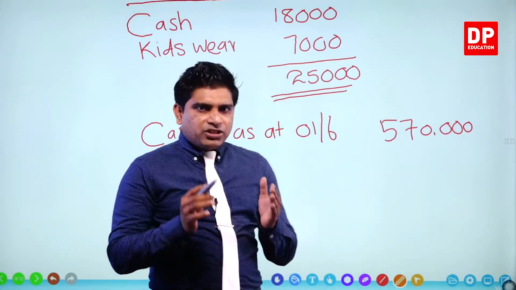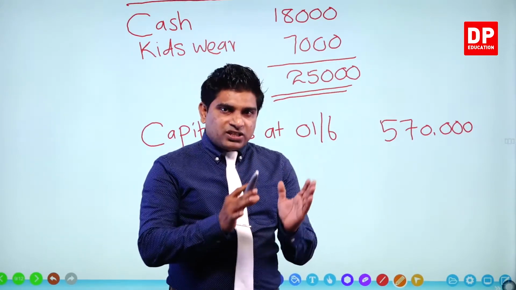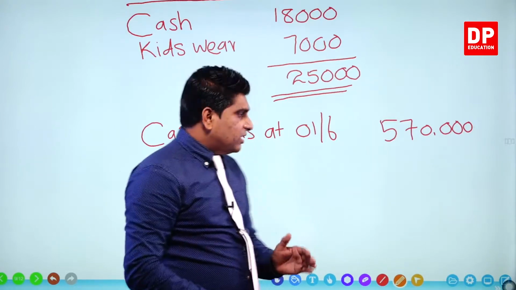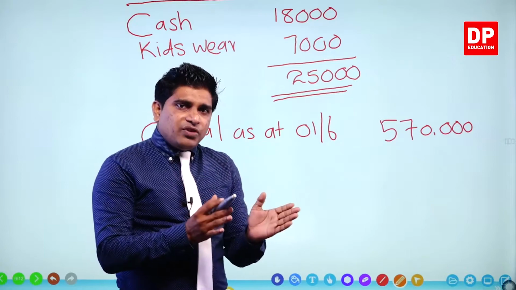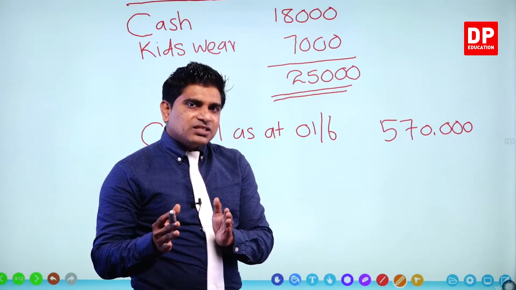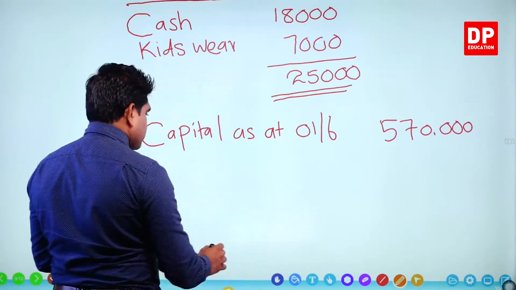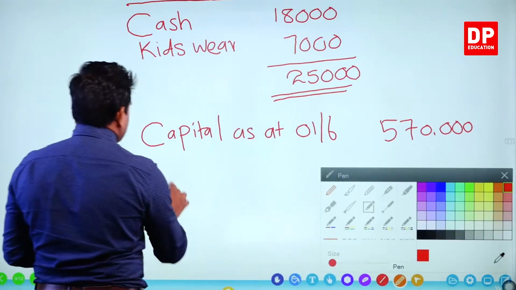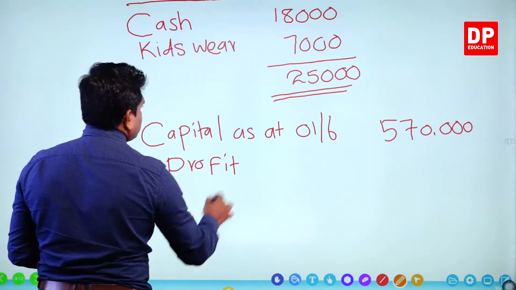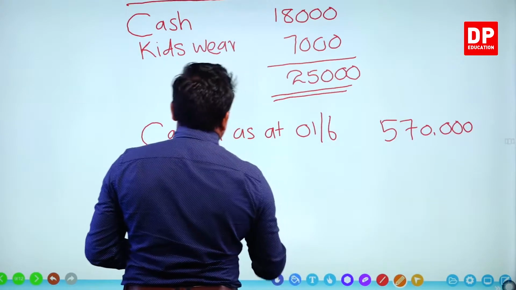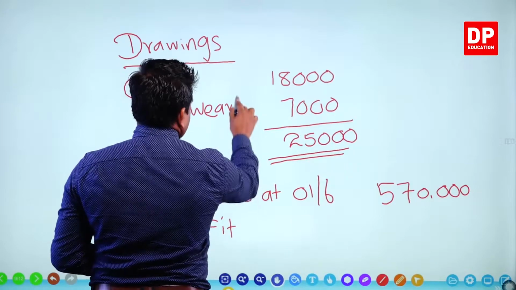Now you know the theory, my students. When the business earns income, equity increases; when the business pays expenses, equity decreases. At the beginning we found equity 570,000. From income we subtract expenses, then we have net profit. Then net profit you can add here.